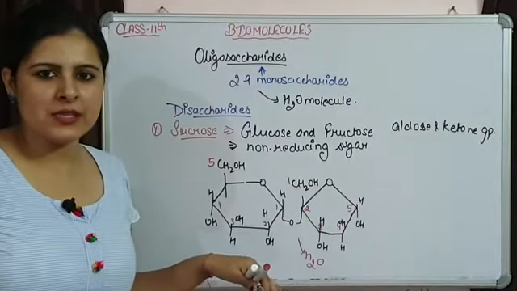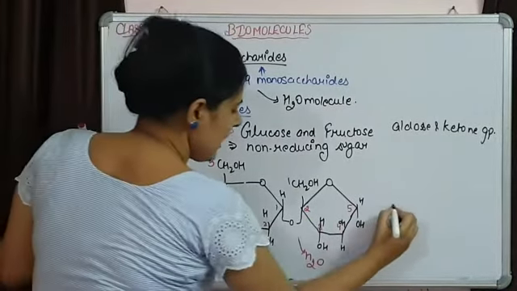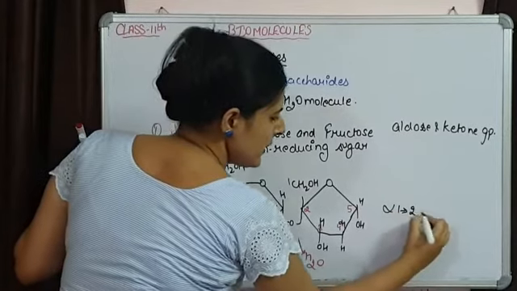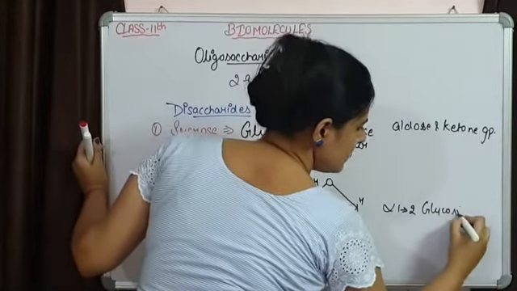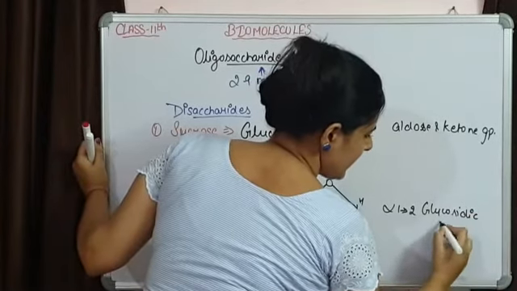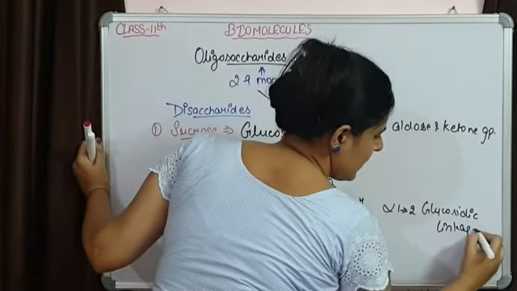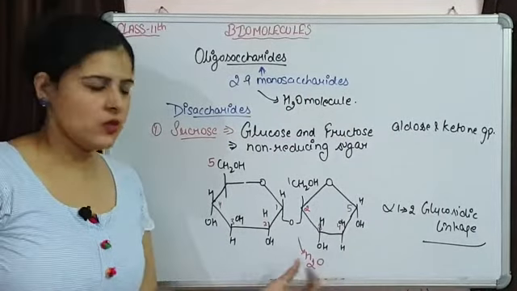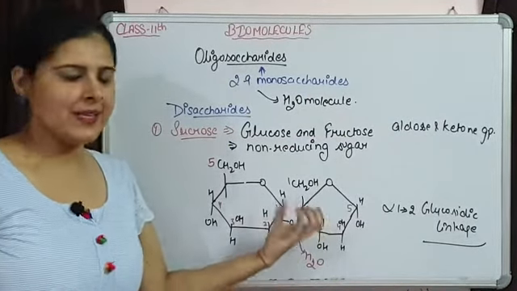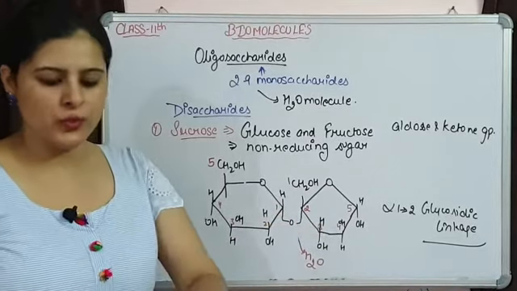So it is alpha, and that is an alpha 1,2 glycosidic linkage. This linkage occurs in sucrose. That is a disaccharide, and this is how a sucrose molecule is formed.